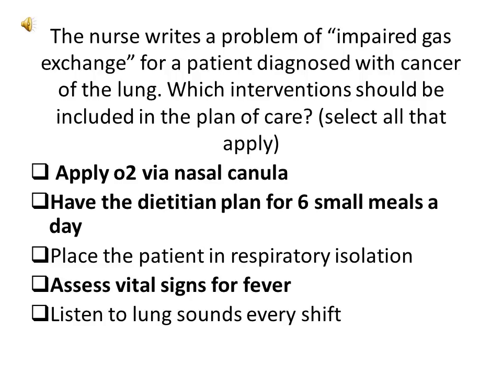You would not place that patient in respiratory isolation. Cancer is not communicable, so there'd be no reason to place them in isolation. You would assess their vital signs for fever. Patients with cancer are at higher risk for developing infections due to impaired immunity. And you would listen to lung sounds, but you would do it more often than every shift. So that's an incorrect answer. So the correct answers are 1, 2, and 4.